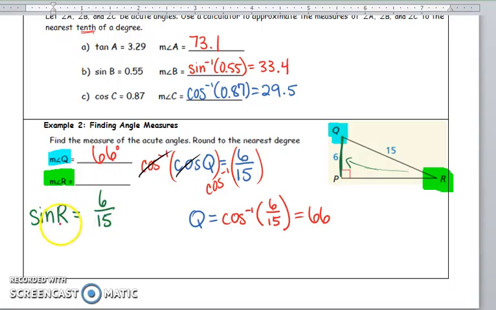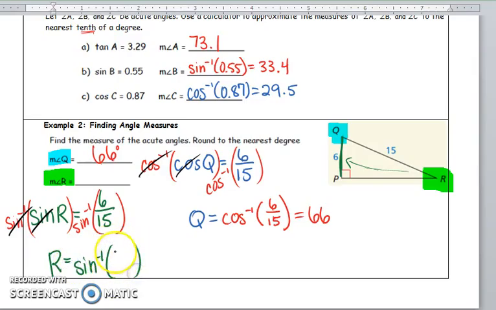Now if I want to find out what R is, I'm going to inverse sine the left-hand side, and I'm going to inverse sine the right-hand side. So inverse sine and sine undo one another, and I'm left with R equals the inverse sine of 6 over 15.